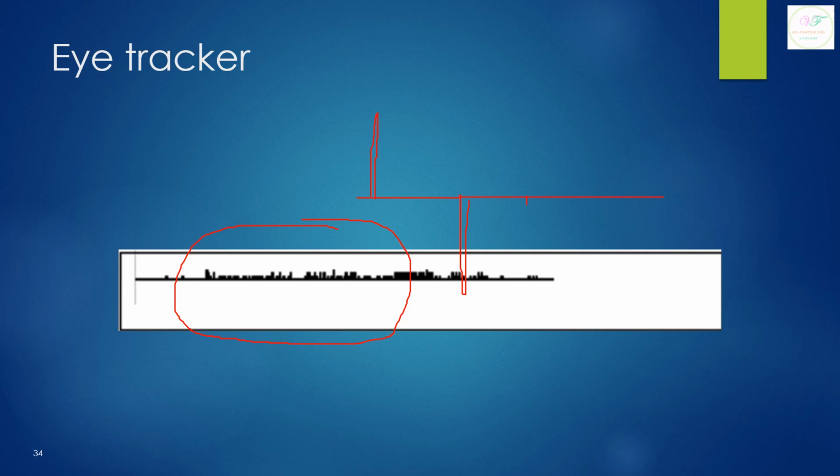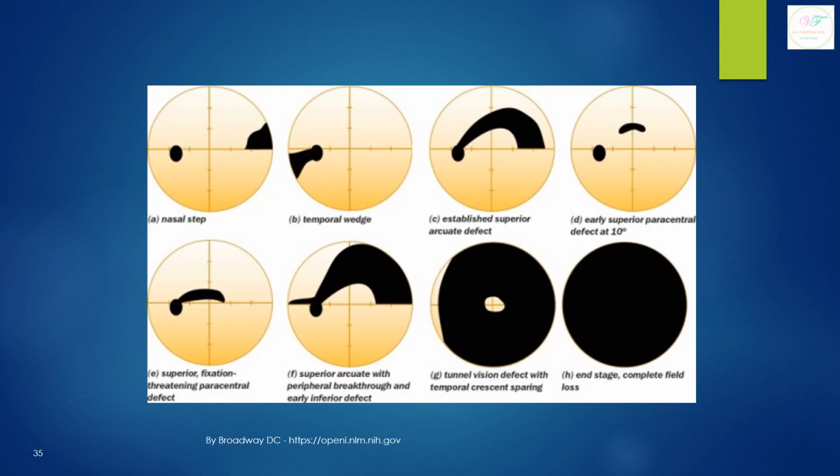And sometimes you will get small deviations in the downward direction, which implies that the computer was not able to identify which direction the eye was moving. So any eye gaze tracker which looks like a city skyline is of dubious reliability, and you will have to repeat the test again. These are the typical glaucomatous field defects which are usually seen.